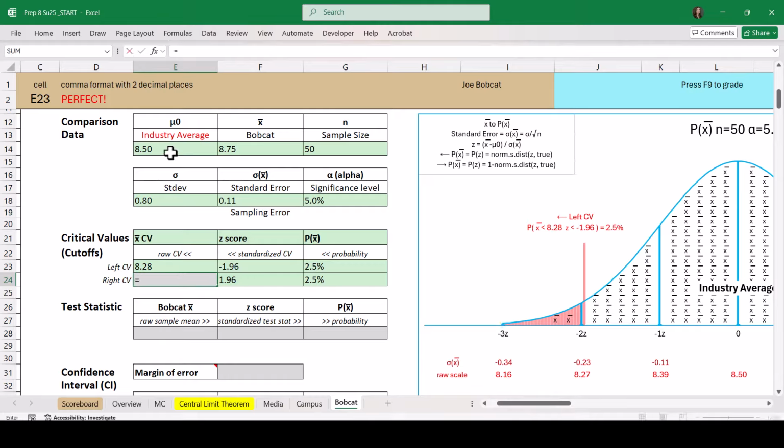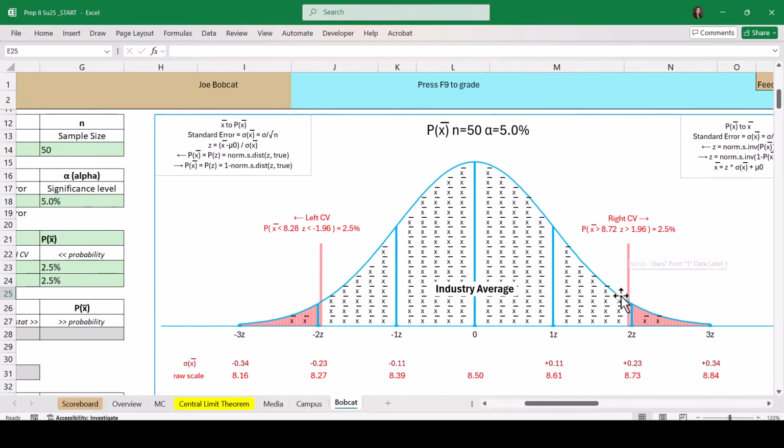And then the upper one is the population mean plus the standard error times the z-score, 8.72. So if we observe a sample mean above 8.72, we will say that Bobcat is greater than the industry average. Again, it's very rare, very unlikely that we would observe a sample mean in either of these tails.